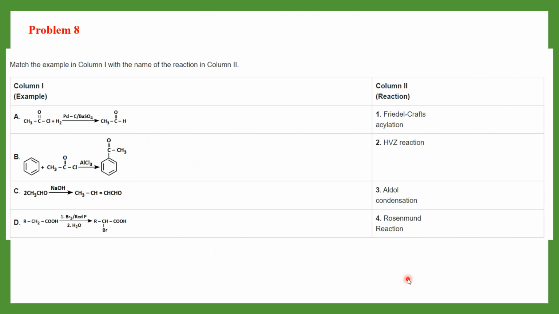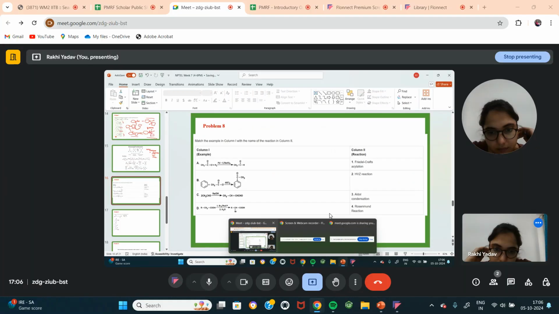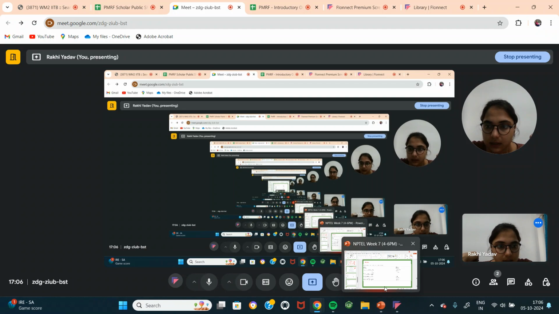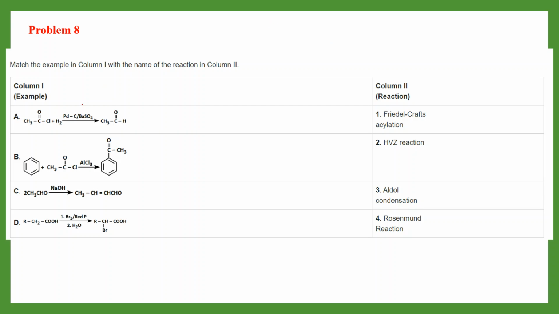So, problem number 8, it is based on your memorizing power. Match the example in column 1 with the name of reaction in column 2. In my first or second session, I have told you this is a famous reaction, that is Rosenmund.